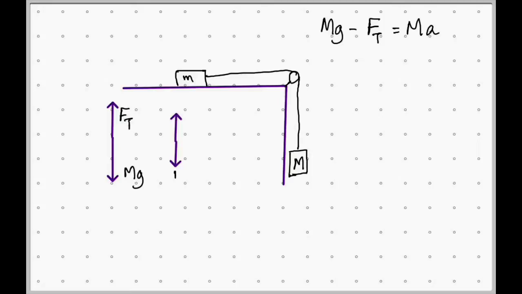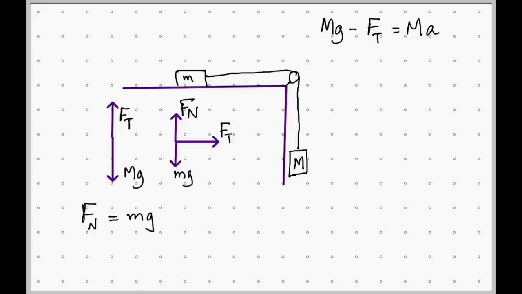So now you would see mg and Fn, and then you would also see the tension in the string, Ft. One look at this, you understand the smaller mass is not moving along the y-axis. That means Fn should be equal to mg, which we do not need in this case.